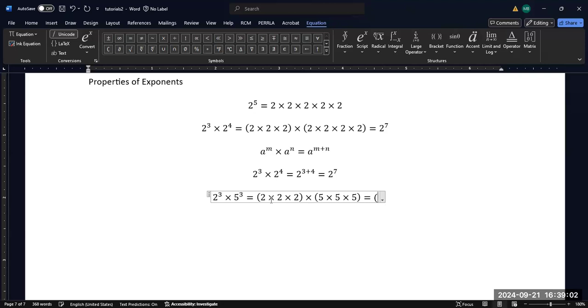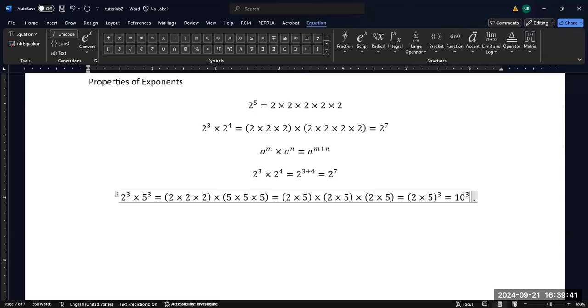And what I can do is I can rearrange these into groups of pairs of 2 and 5 in this example. So there's 3 of these groups of 2 times 5. And so I can multiply the bases together to get 10 cubed.